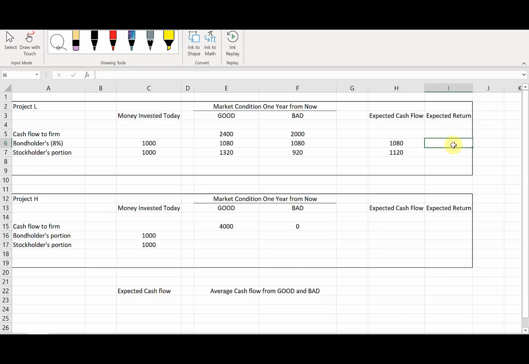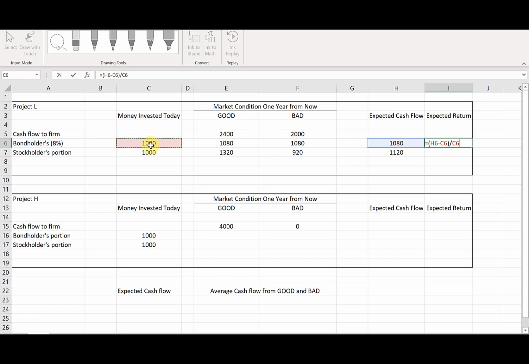In order to calculate the return, this will be equal to expected cash flow minus their initial investment, right, divided by their initial investment.